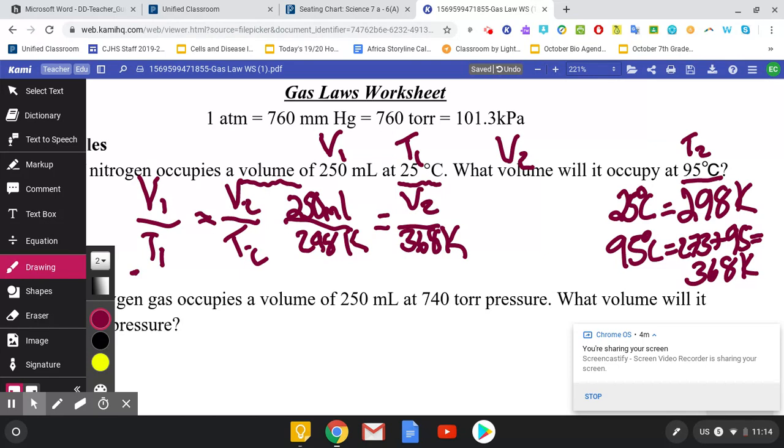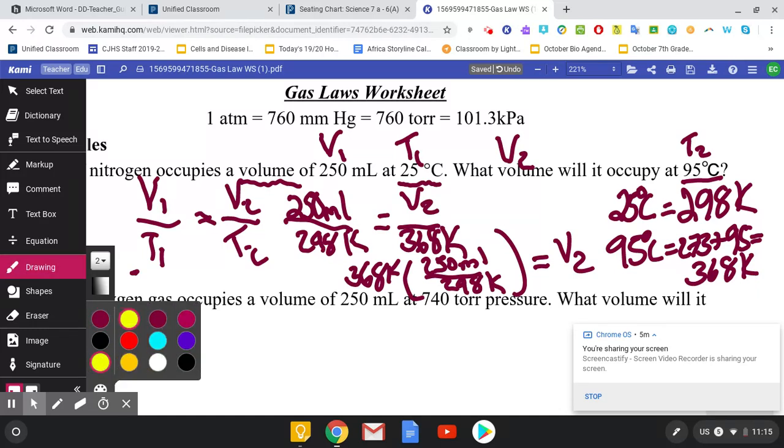So we end up with 368 Kelvin times 250 milliliters over 298 Kelvin equals V2. I didn't write the 368 on this side because they cancel out. If algebra is not your strong subject, just let me know and I can break it down a little further. I'm just running out of room here.